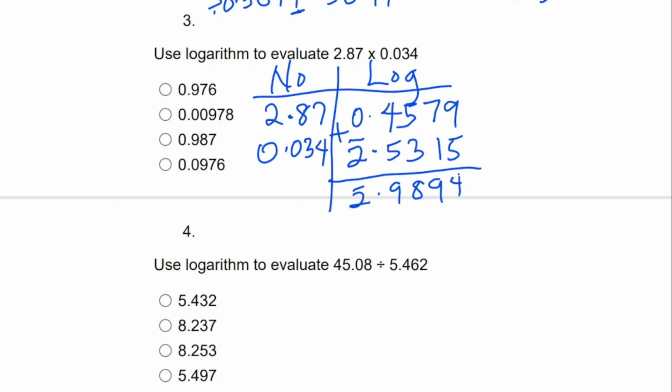So we now go to anti-logarithm. We are going to check 98 under 9.